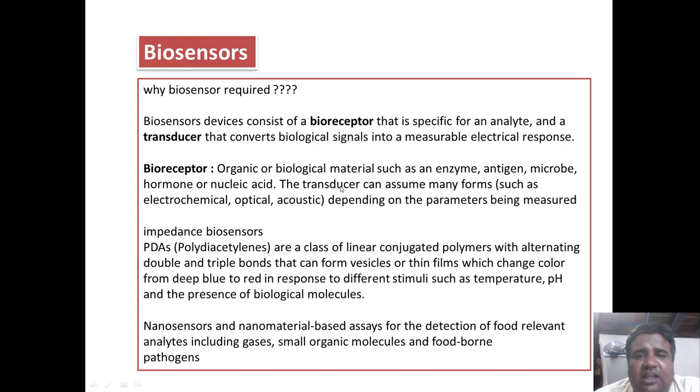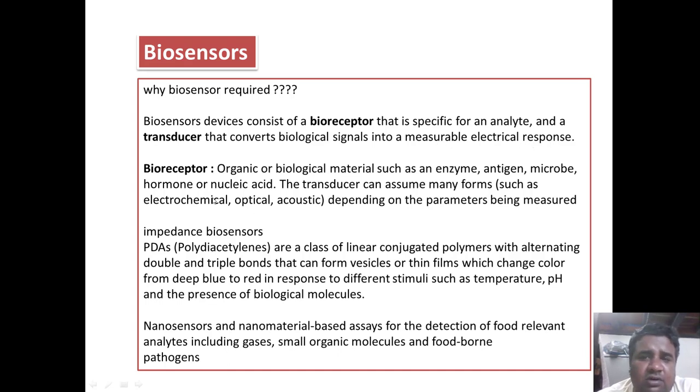Transducers can assume many forms such as electrochemical, optical, or acoustic, depending on the parameters being measured. After the bioreceptor, there is the job of the transducer. This transducer converts the biological signal into a measurable electrical response.